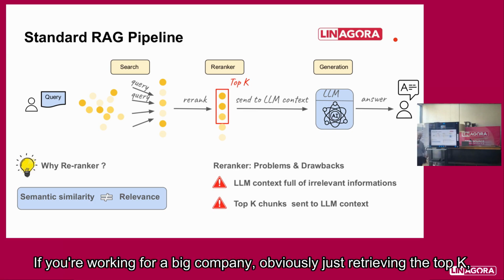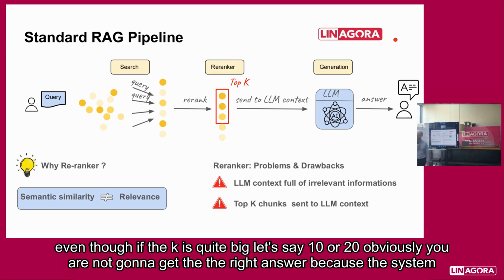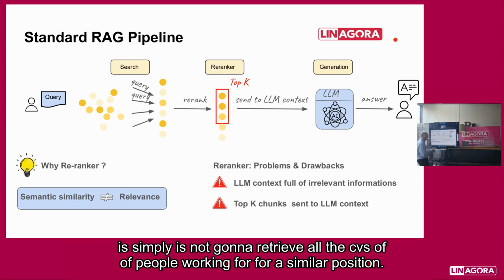If you're working for a big company, obviously just retrieving the top K, even if K is quite big, let's say 10 or 20, you are not going to get the right answer, because the system simply is not going to retrieve all the CVs of people working for a similar position.